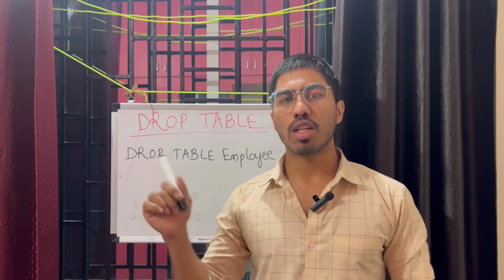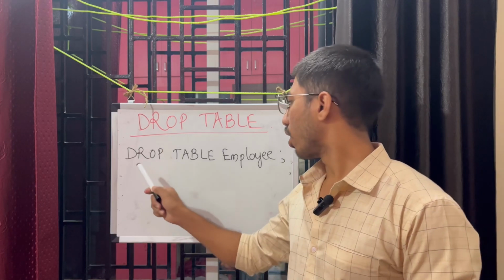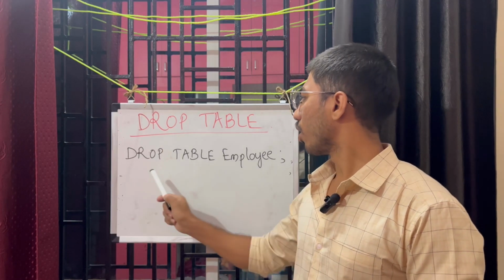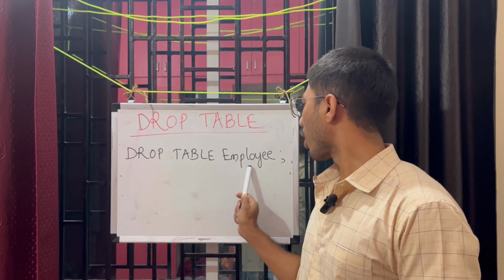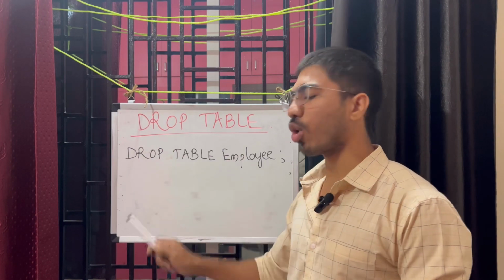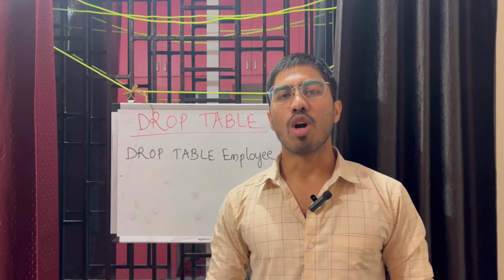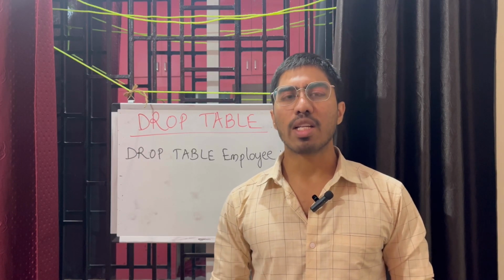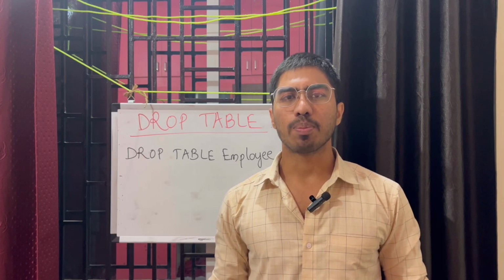That is the use of drop table. This is the command for drop table: DROP TABLE table name. So I am writing DROP TABLE employee. Here I am dropping the employee table. This will delete all the records as well as the employee table definition.